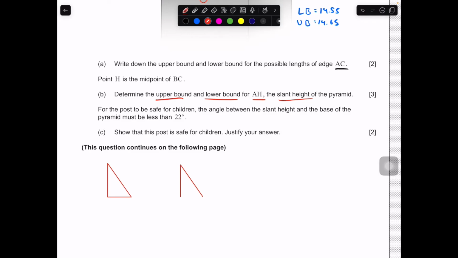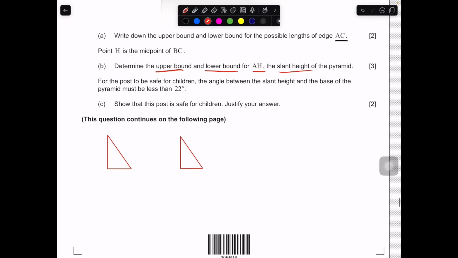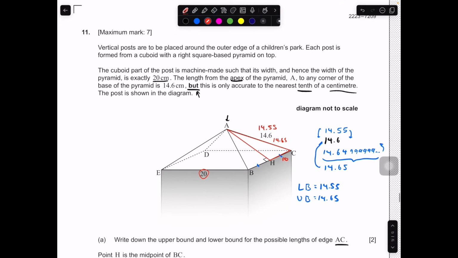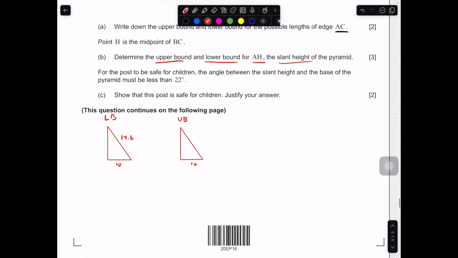And let's write two situations. So if we want to find out when this thing is as small as it possibly can be, we know it's 10 for both. And if this is the lower bound and this is the upper bound, this would be 14.55, and this would be 14.65.